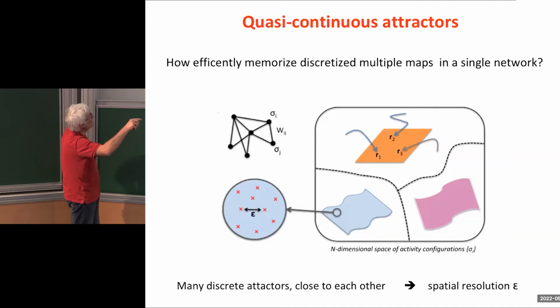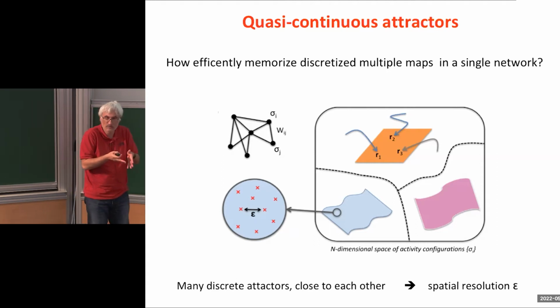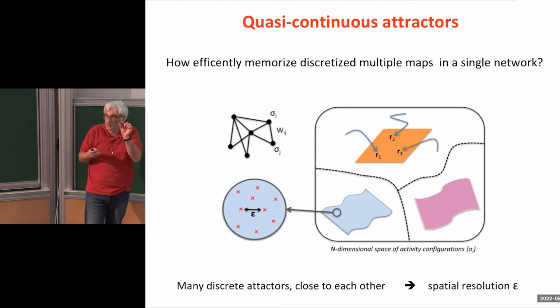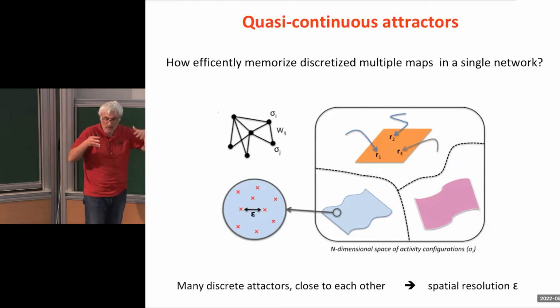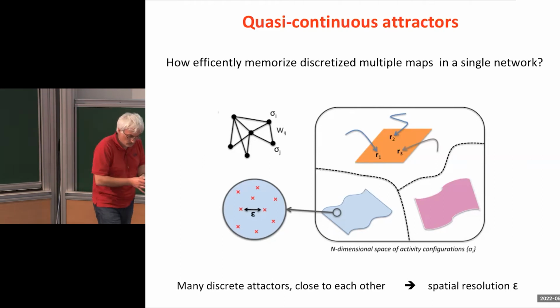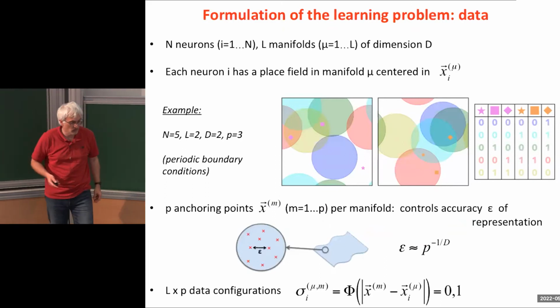And since the distance between two neighboring points is epsilon, I'm sure that the spatial resolution will be at most epsilon. My error will be at most epsilon. So by increasing the number of points, I will have a better epsilon, and a very fine map. Of course, if I do that, maybe the number of manifolds I can embed will be lower. So the question now is how the capacity scales as a function of epsilon.